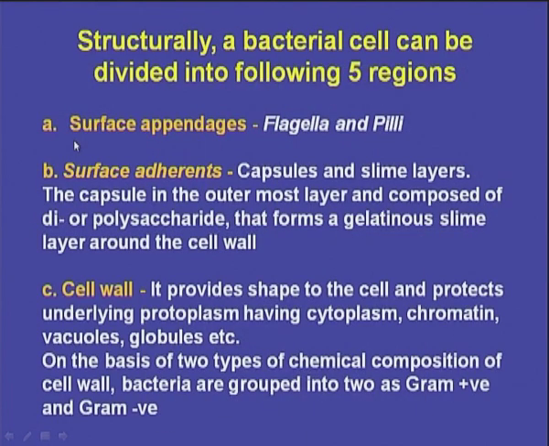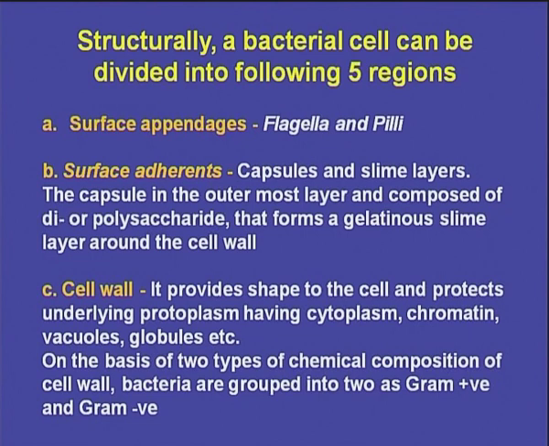Structurally a bacterial cell can be divided into 5 regions. First is surface appendages, that is flagella and pili. Then surface adherents, capsules and slime layers. The capsule is the outermost layer, composed of polysaccharide that forms a gelatinous slime layer around the cell wall.